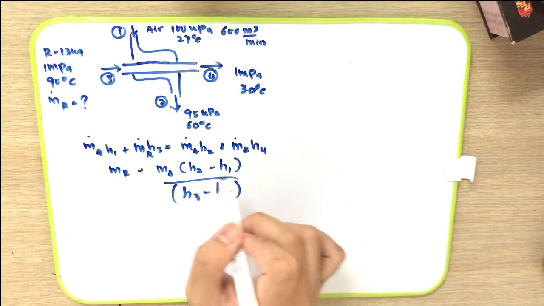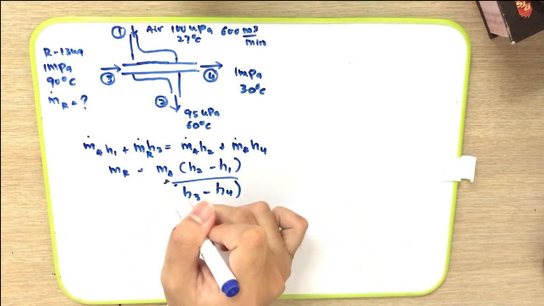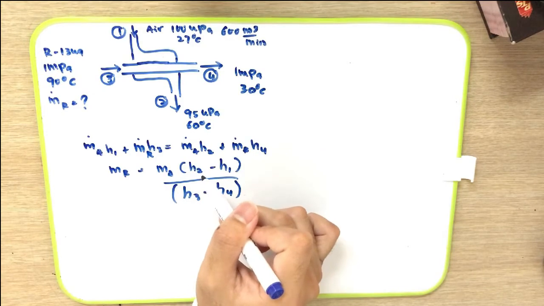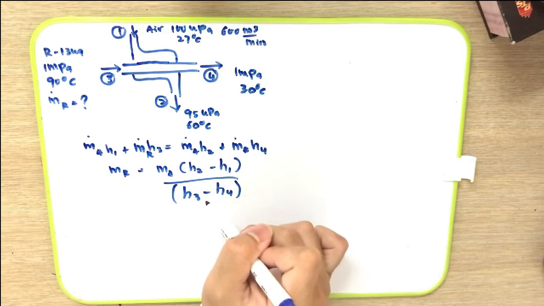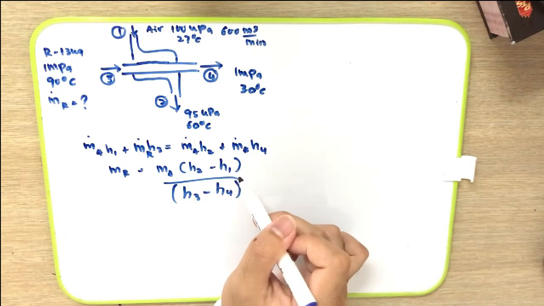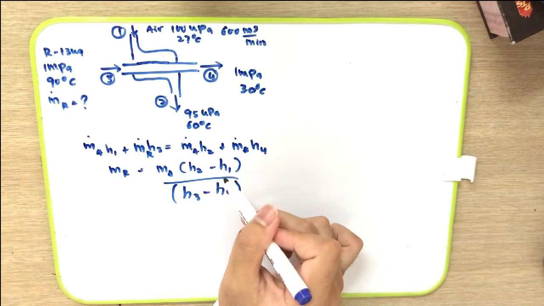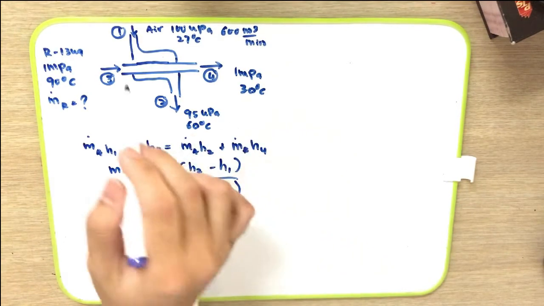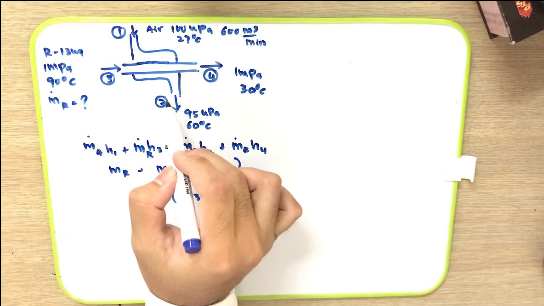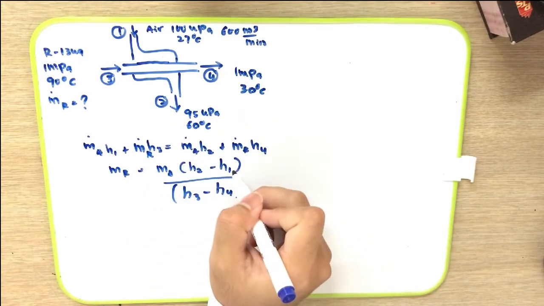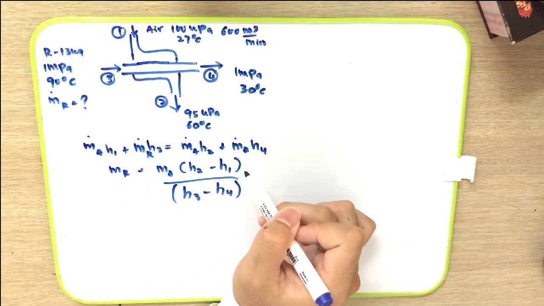After we rearrange, we will get the m_R is equal to m_A in bracket (h2 minus h1) over (h3 minus h4). Now we have to find each enthalpy. But before that, stream 1 and stream 2 is air, and we cannot find the enthalpy for air from the property table.